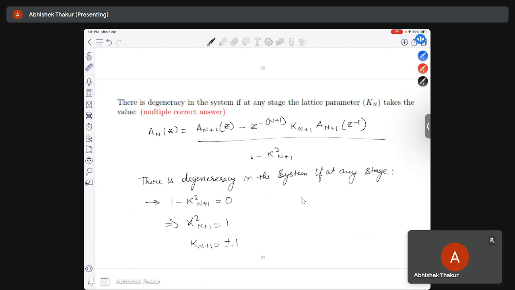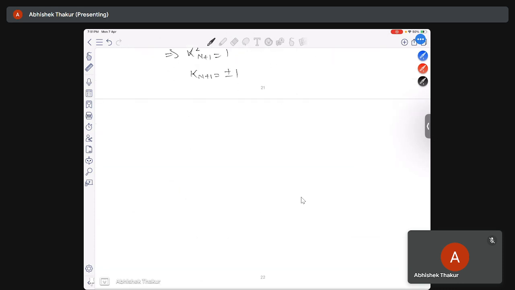Now take one more question. Realize the following causal linear phase FIR system.